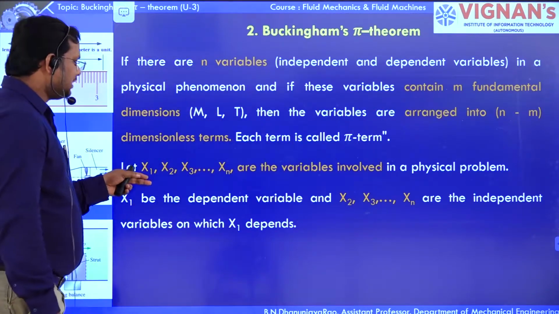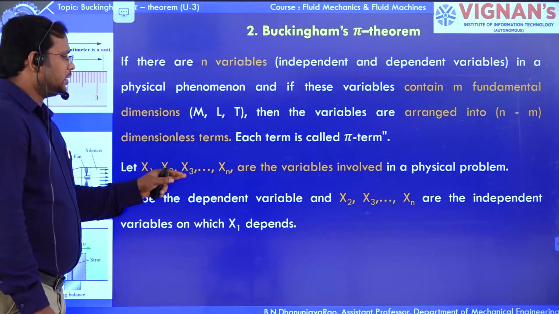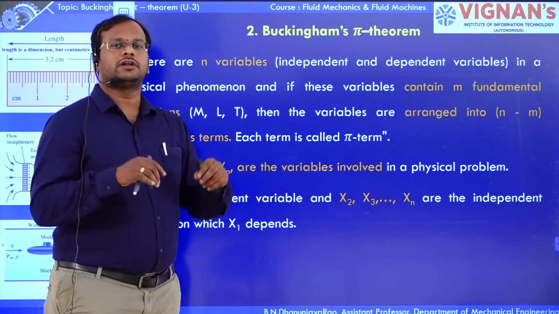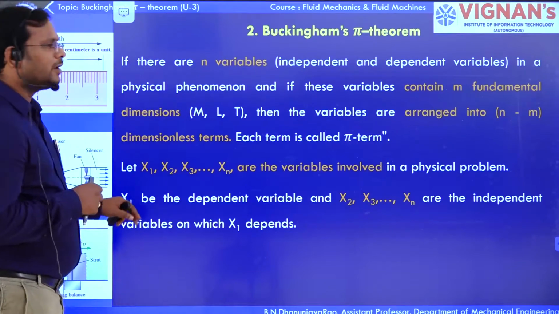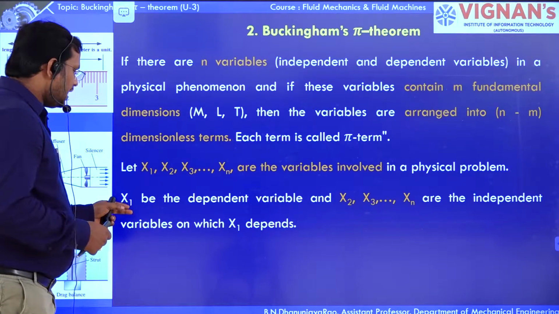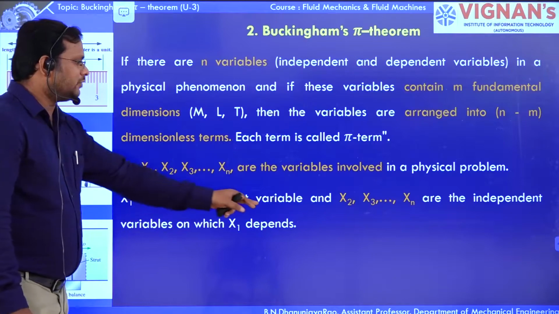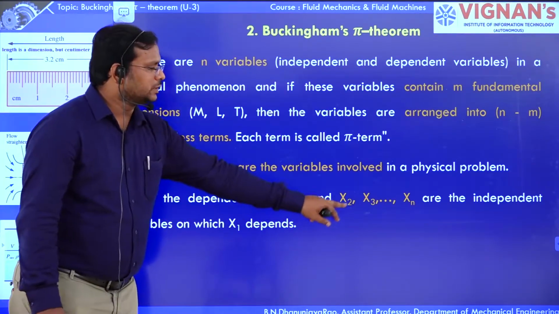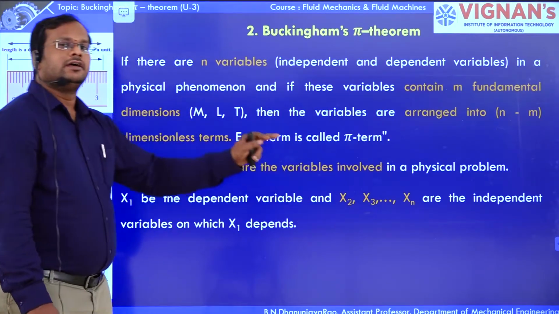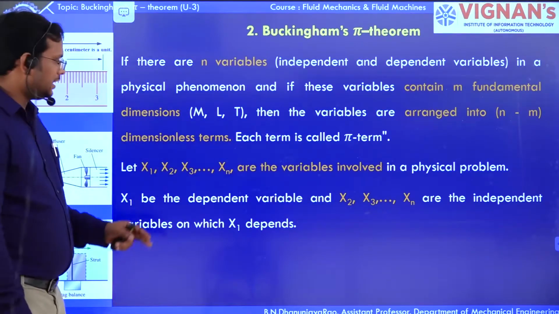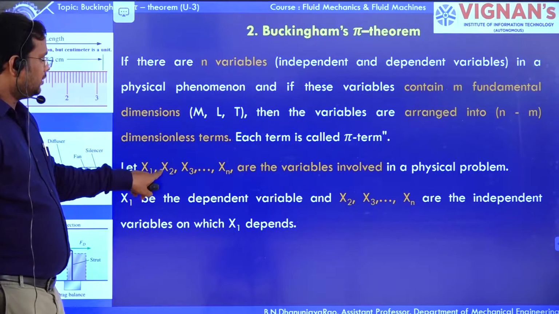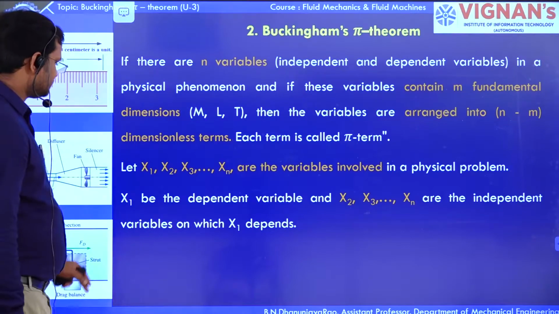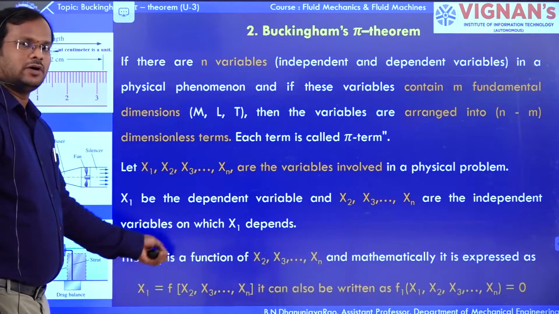Let x1, x2, x3 to xn be the variables involved in a particular physical problem. Let x1 be the dependent variable, and x2, x3 to xn the independent variables. Here x1 is the dependent variable, and the remaining variables are independent variables on which x1 depends.